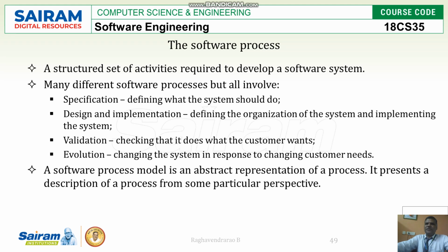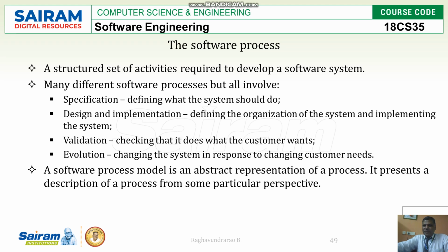Then any changes that are required are considered for the next stage, that is changing the system in response to the changing customer needs. Any changes that are required, we can update in that particular system.